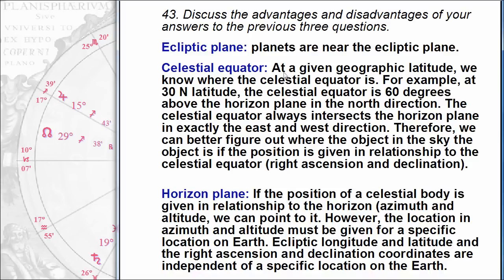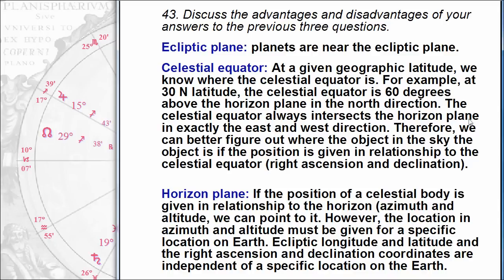We know where the celestial equator is. For example, suppose you live at 30 north latitude. It depends on where you live. If you live at 30 north latitude, the celestial equator is going to come up 60 degrees above the horizon in the southern direction, and the celestial equator always goes directly east and directly west. So we know where the celestial equator is.